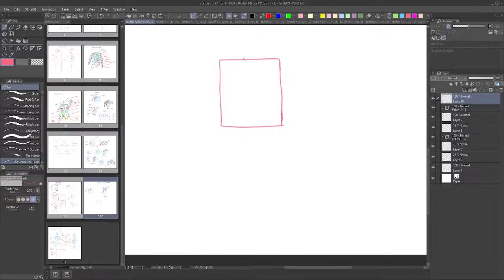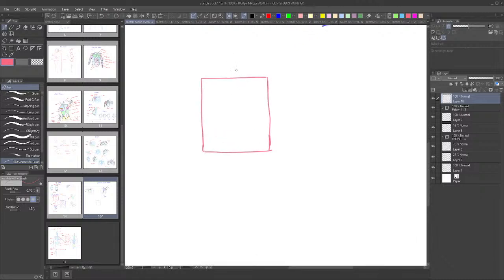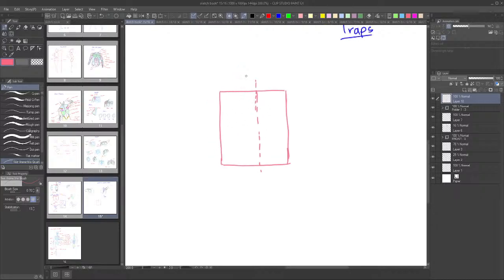So let's see. We put a center line here to show where the spine is, like that.